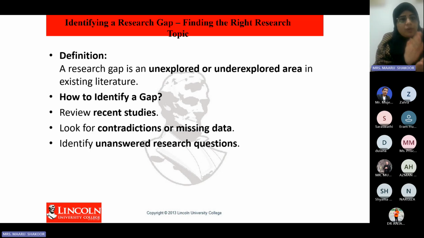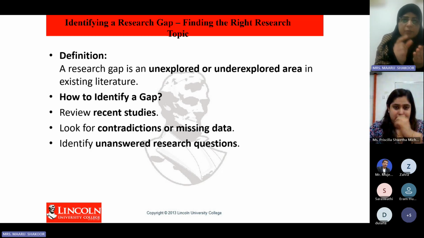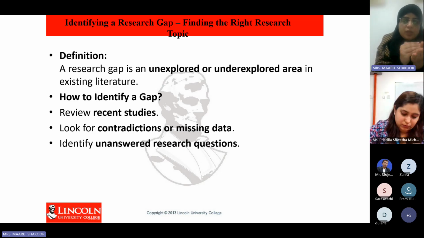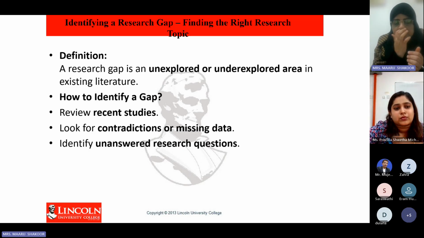If from these 10 to 12 novels you find something very particular, and you can highlight that particularity with any theory, then you have to search whether any other person has worked on it or not. If it is already done, then read all the articles and look for any gap which is missing, which is unexplored. A research gap is an unexplored or underexplored area in existing research literature.